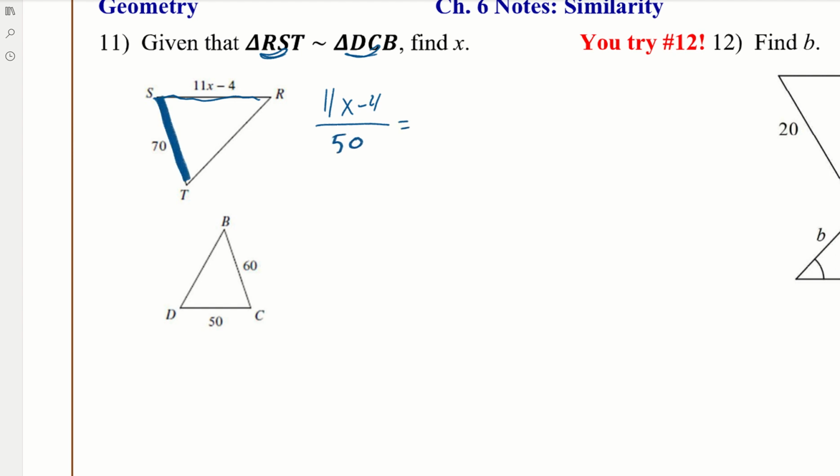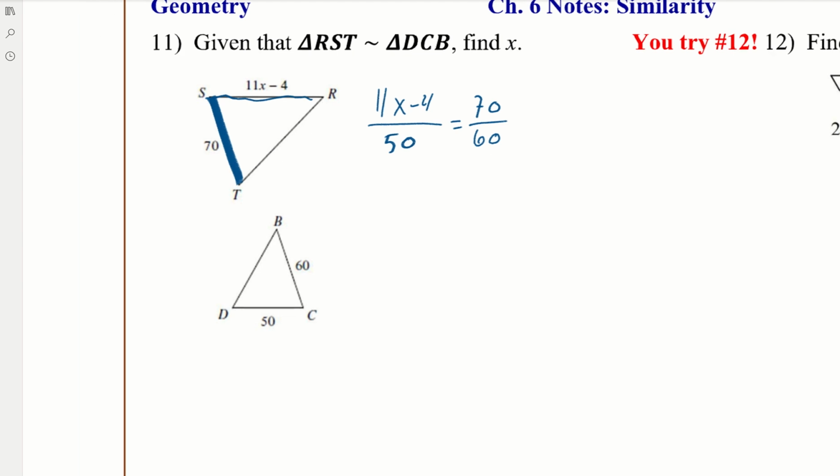And I have my ST here. That side length of 70 is proportional to CB, which is 60, okay? So let me write this out in letters. That might make more sense, okay?